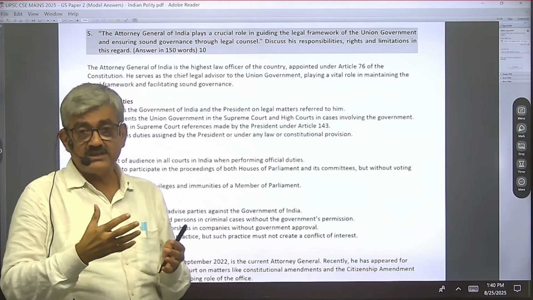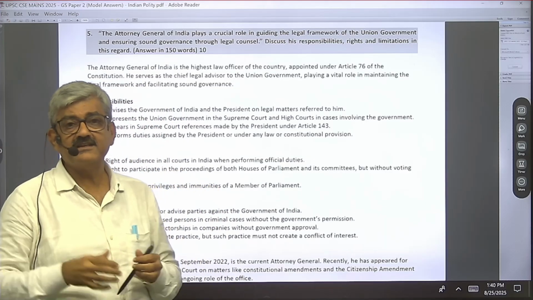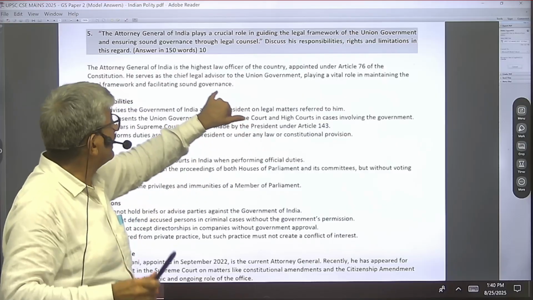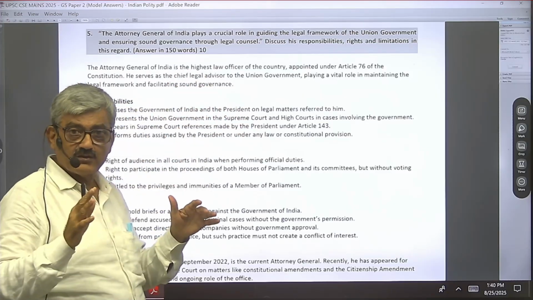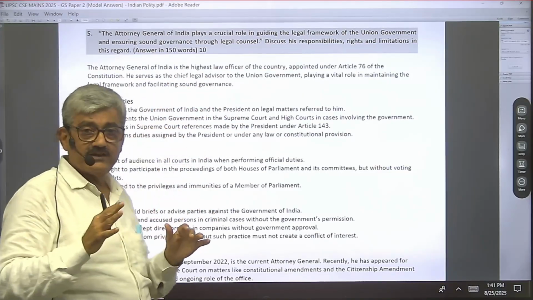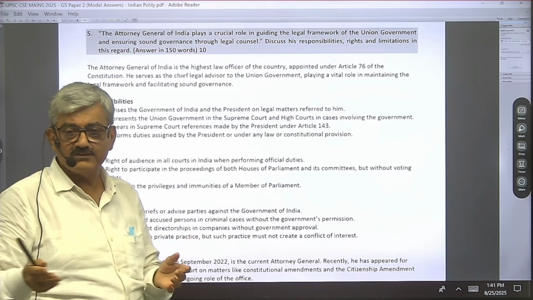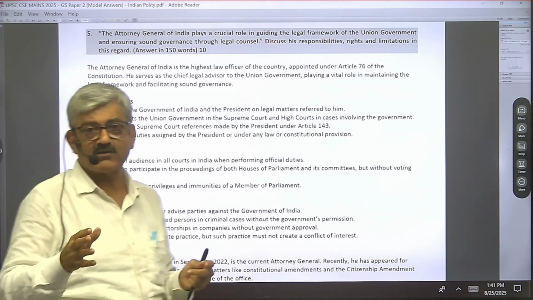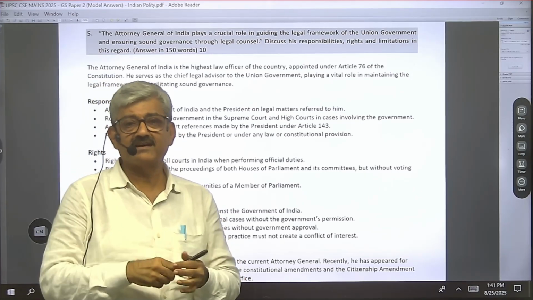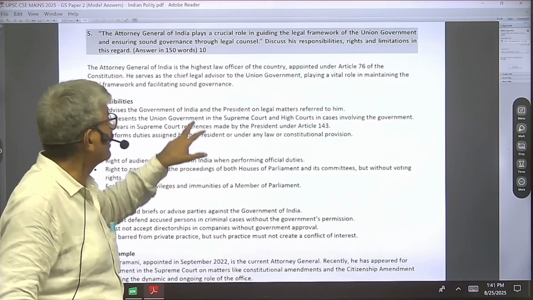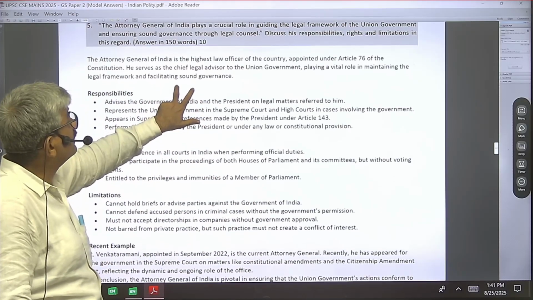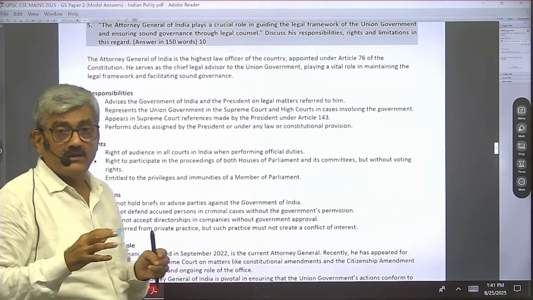It was mooted, but did not see the light of day, and therefore we still have the Attorney General of India. He is the only functionary who is not a member of parliament but can enter and discuss, though he cannot vote. So we are supposed to discuss his crucial role.